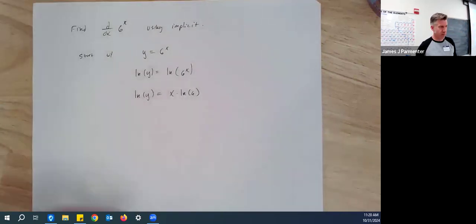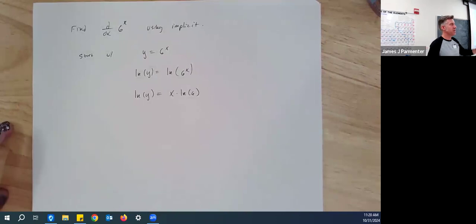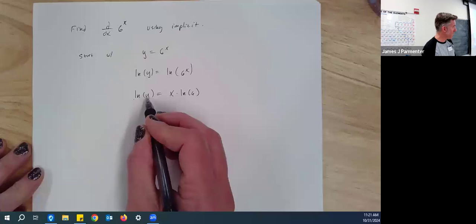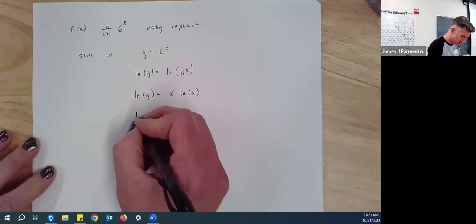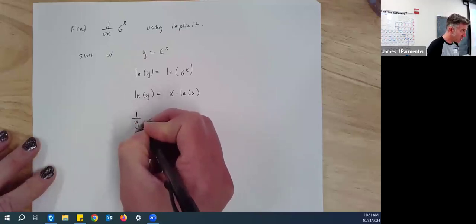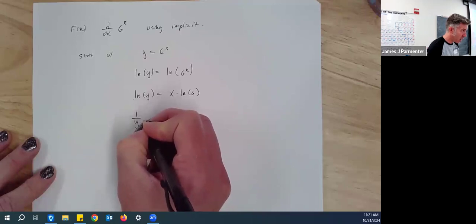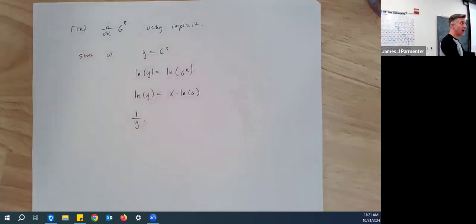And now we can take the derivative of both sides. Okay, I know we just talked about it, but what's the derivative of the natural log of x? 1 over x. So in the same sort of way that all of our other chain rule things have worked, if the derivative of the natural log of x is 1 over x, then the derivative of the natural log of some stuff should be 1 over the stuff times, I said the magic word.